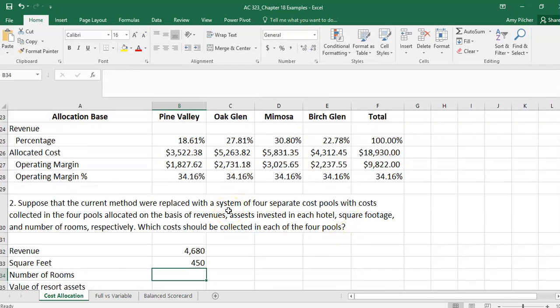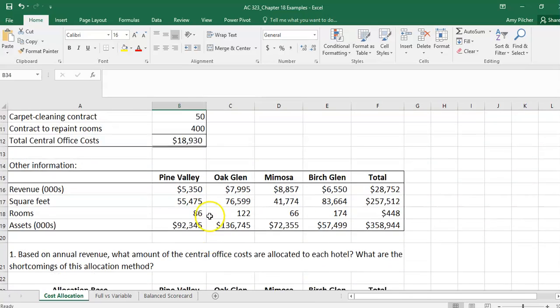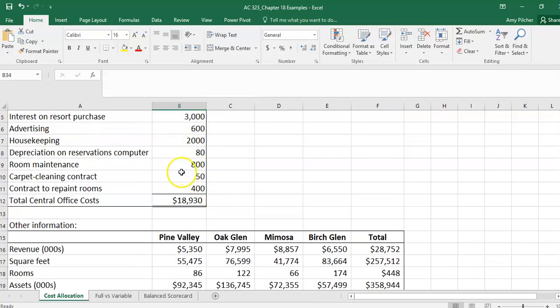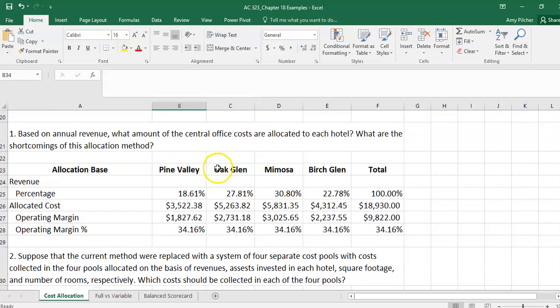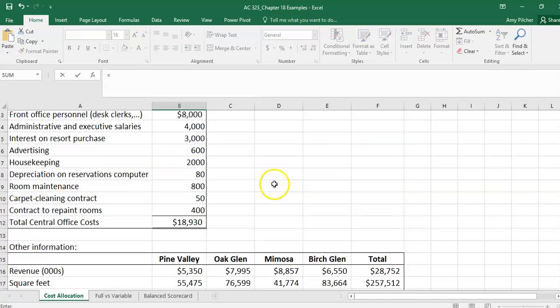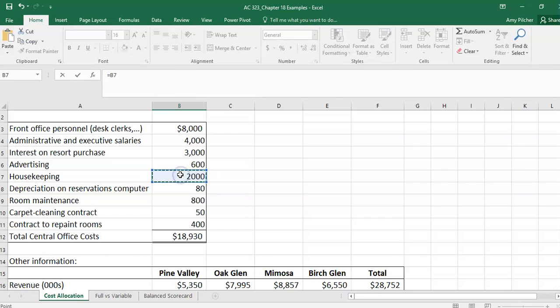Based on number of rooms, we would have housekeeping and room maintenance. The textbook also suggests that the front office personnel costs be allocated to the number of rooms because the number of guests in each hotel drives all of these costs. So we're going to have housekeeping, room maintenance, and this front office personnel cost.